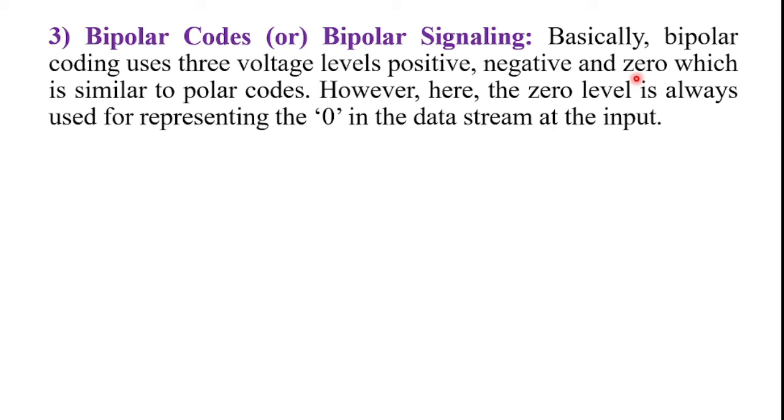Unipolar code uses only one voltage level. Polar code uses two voltage levels. And the third category of the line code is bipolar code. The bipolar code uses three voltage levels, that are positive voltage level, negative voltage level and zero voltage level, which is similar to polar codes.